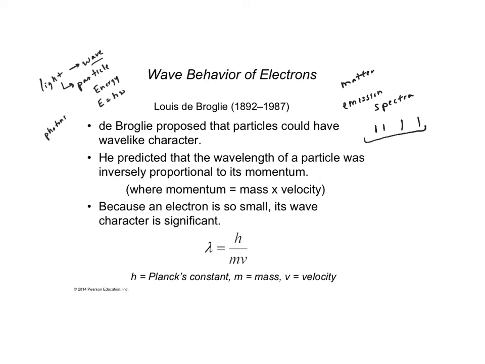So if you were to take hydrogen from any source and excite it, pass the light that it's glowing through a spectroscope, you would always get this exact same 4 sharp line emission spectra, okay?